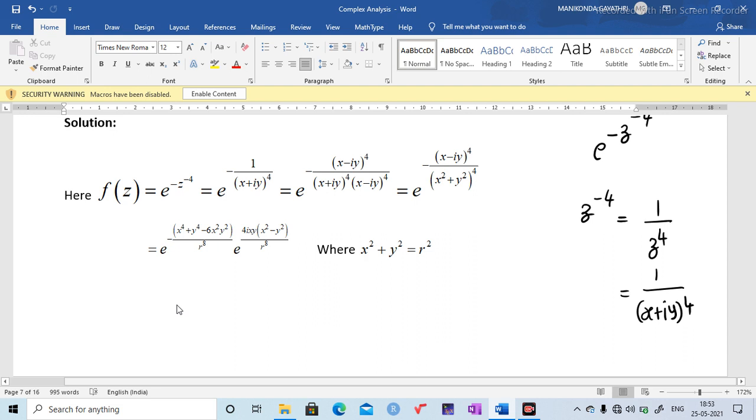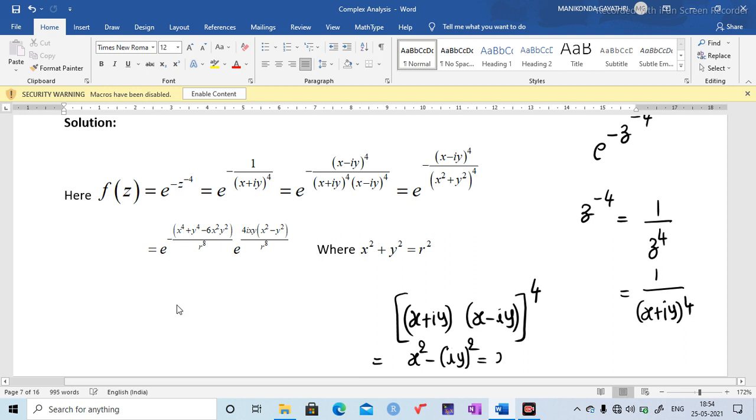Observe the denominator. This can be written as x plus iy into x minus iy whole power 4. That means a plus b into a minus b, so a square minus b square. A square means x square. Iy whole square, i square means minus 1, so minus 1 into y square.